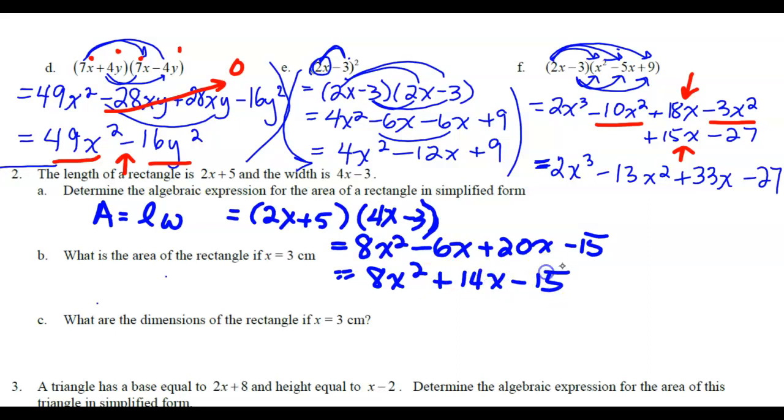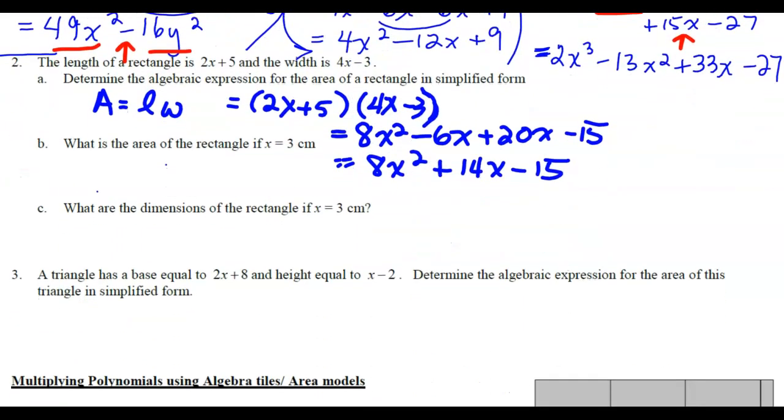So that's the area in expanded and simplified form. If we use the word expand, that should be a real clue that you've got to get rid of the brackets, but sometimes we just say simplified. Simplified form never has brackets. Just try to remember that, because we're going to look at factored form next week. In simplified form, you multiply through, no more brackets, and you collect like terms.